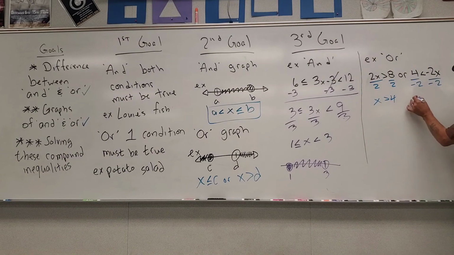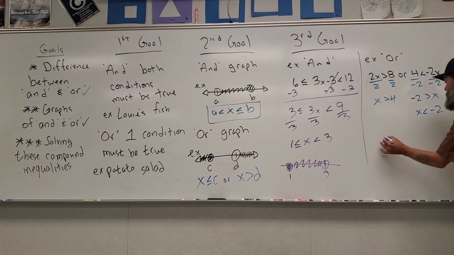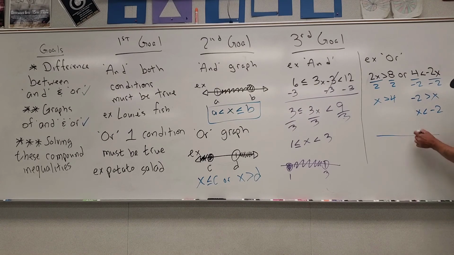So now I'm going to say that negative 2, instead of being on the left, is now on the right of x. But I don't like to graph in this form, so I'm going to switch the order. If negative 2 is on the right of x, that means that x is on the left of negative 2.